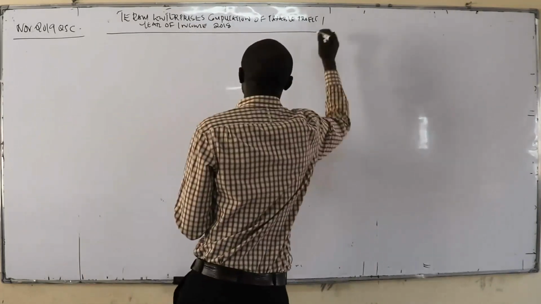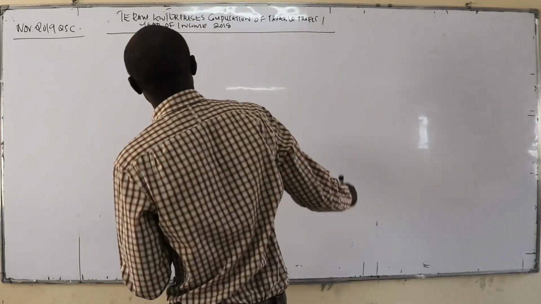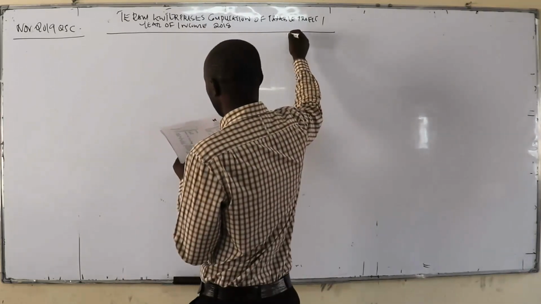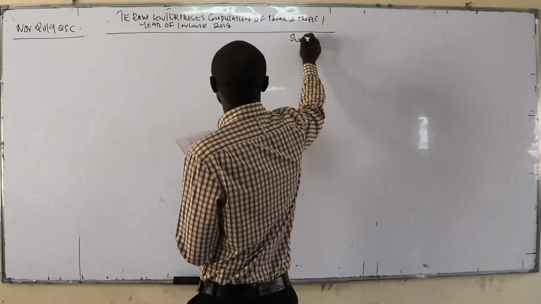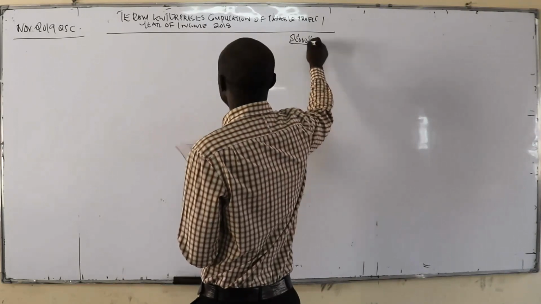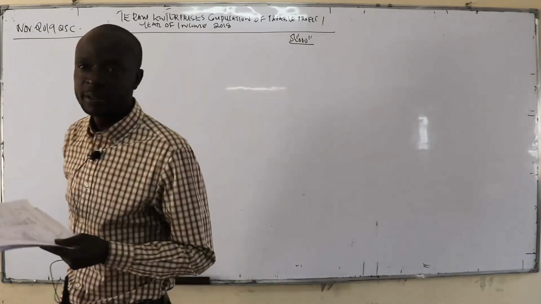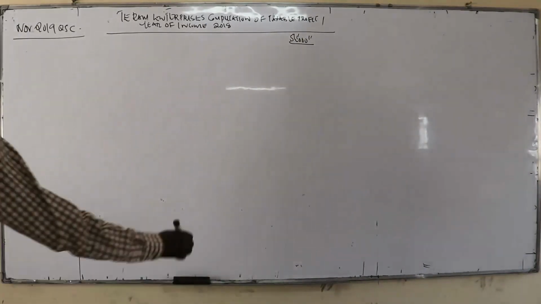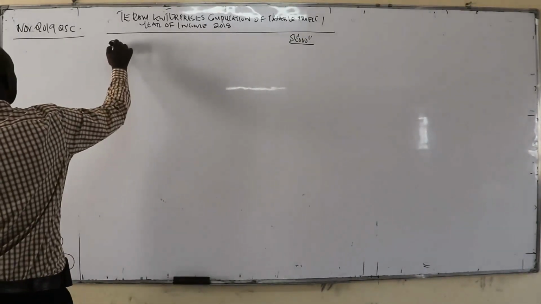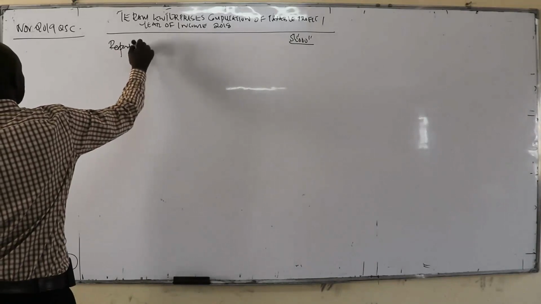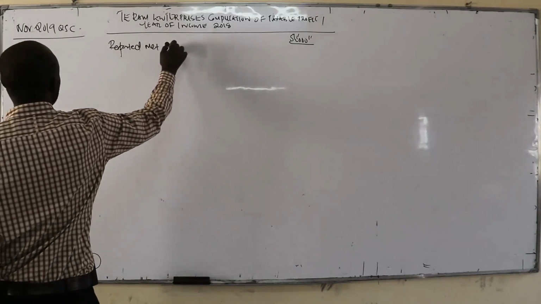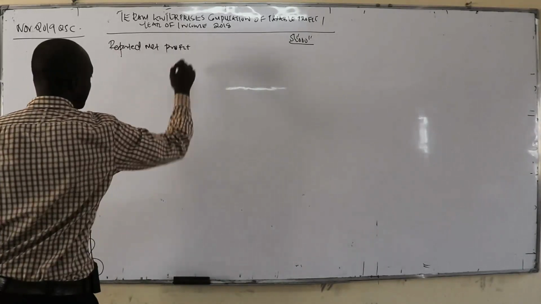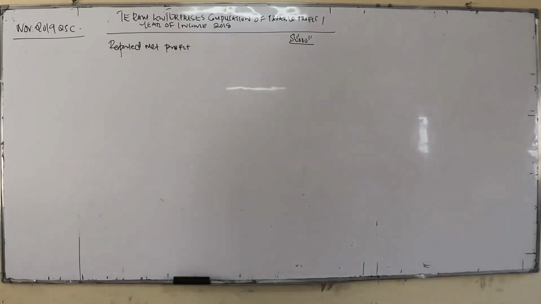And then you underline. And then you write here shillings and thousands. So every time you're given profit or loss, you start with that one. So start with the reported net profit. So the reported net profit is how much? The reported net profit is 1040.